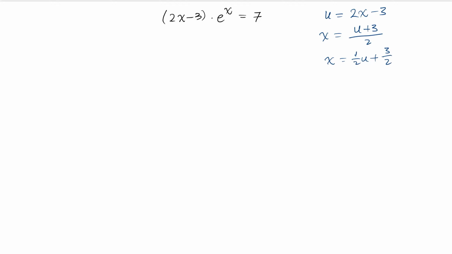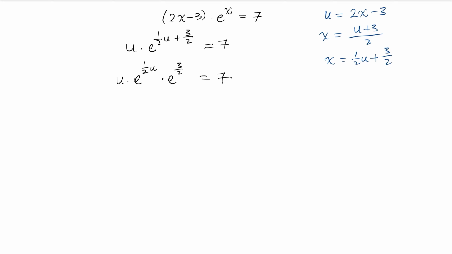Now let's substitute this in. So this is going to be u multiplied by e to the power half u plus 3 over 2, and that's going to equal 7. Now I'm going to split this. So u multiplied by e to the power half u, and then multiplied by e to the power 3 over 2, and that's going to be equal to 7.